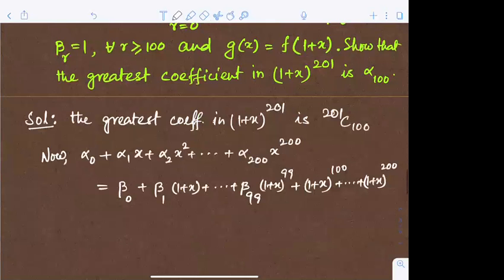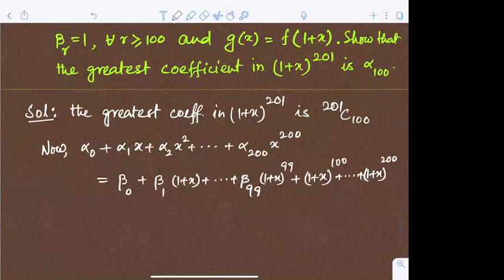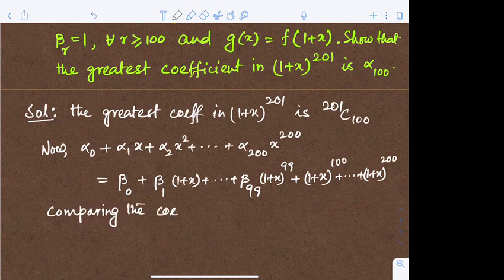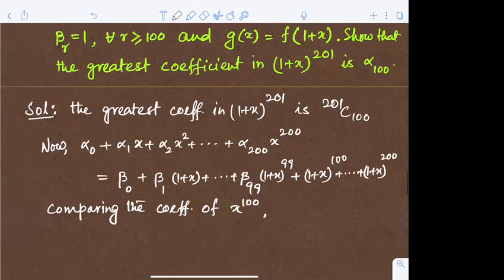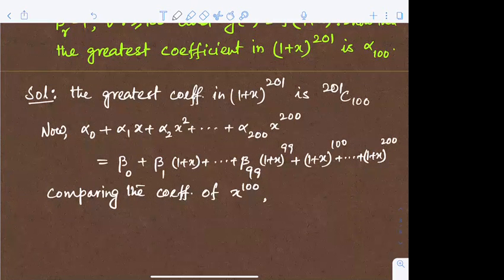Now, from here, if I ask you, what is the coefficient of x to the power 100 from both sides? What is the coefficient of x power 100 in the left side?